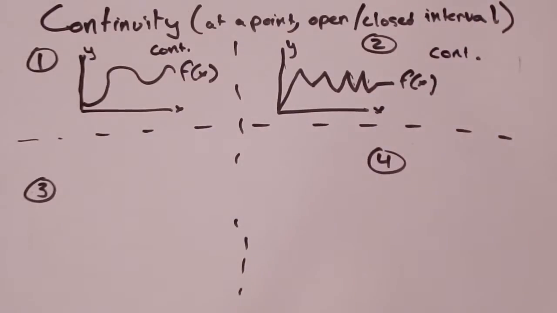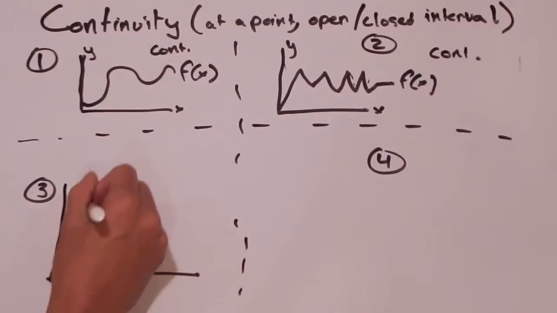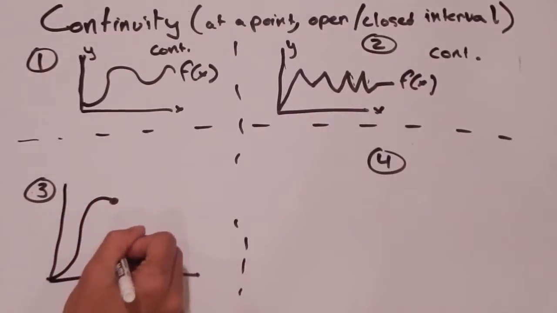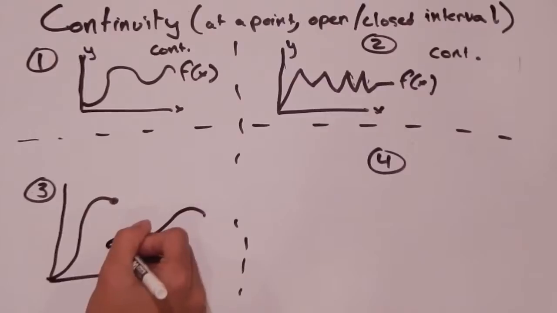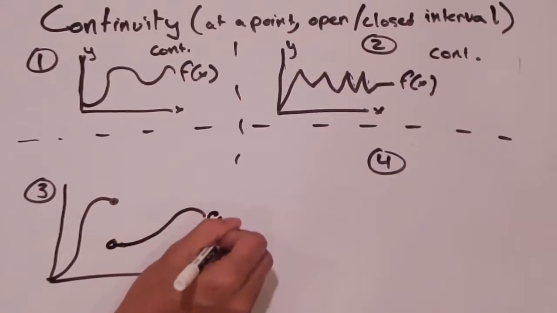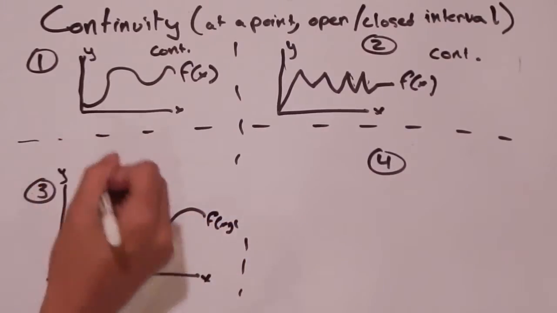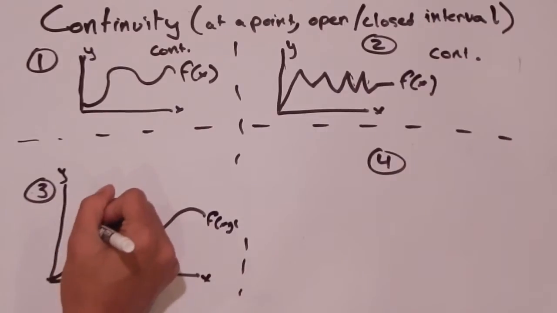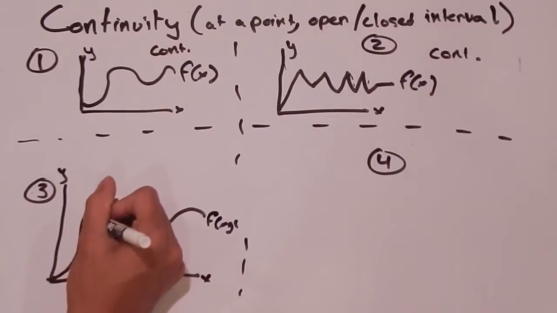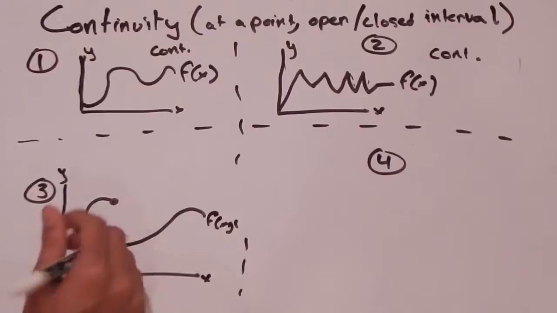What about a function that maybe isn't? Well, how about something like this? So here's my function f of x. For certain x values, it's giving me back y values. And as I try and trace it, it's fine at these points. So it seems pretty continuous on this interval, we could say.